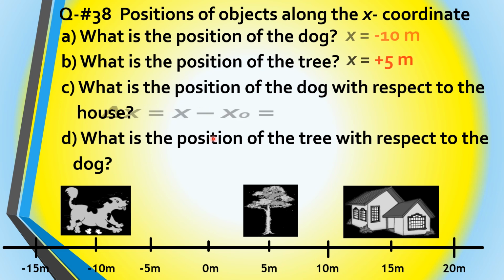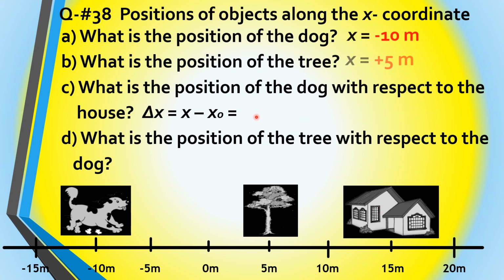So the formula is simply delta x equal to x minus x naught, where x is the location or position of the dog, while x naught is the initial position referring to the position of the point of reference, which is the house.